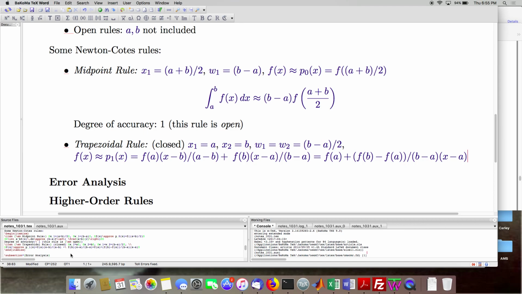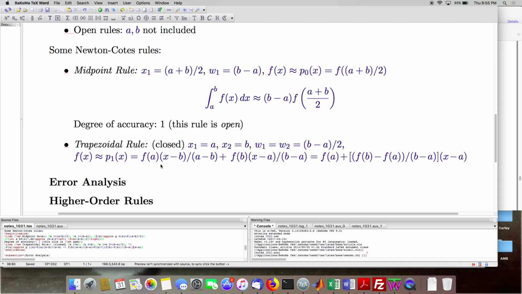Actually, I'm going to put the slope in square brackets just so it's separated. That would also work. The point is, it's a linear function that passes through the graph of f at a and b.